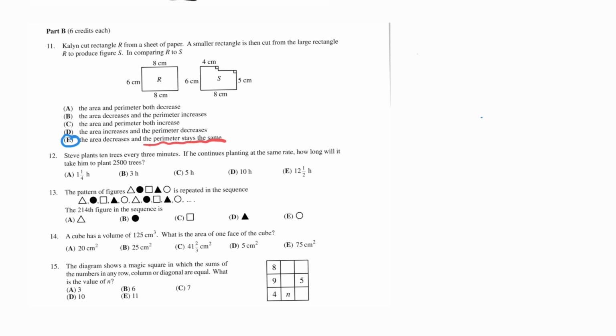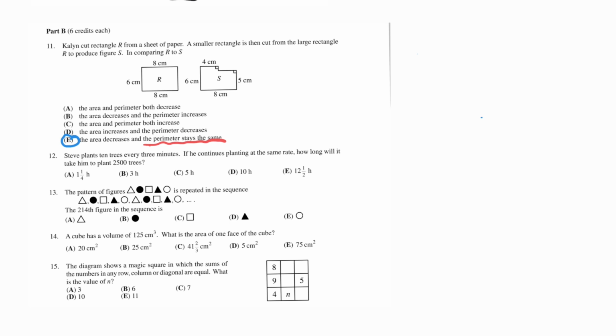Number 12. Steve plants 10 trees every 3 minutes. If he continues planting at the same rate, how long will it take him to plant 2,500 trees? This is a ratio problem. Just use the ratio equation.